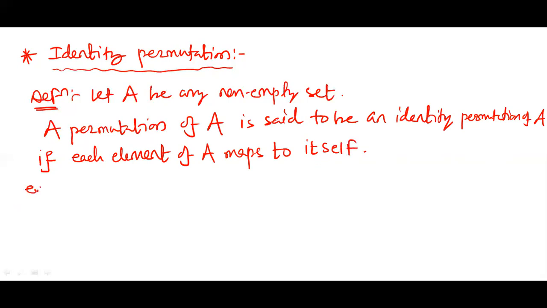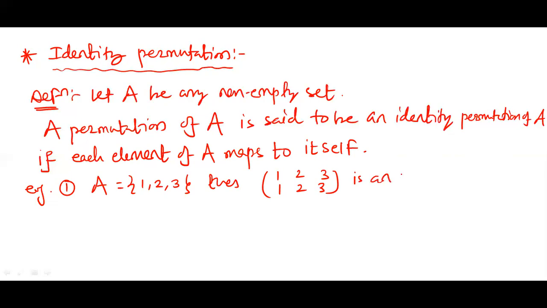For example, suppose set A is equal to 1 to 3, then a permutation of set A in which 1 maps to 1, 2 maps to 2, 3 maps to 3 is an identity permutation.